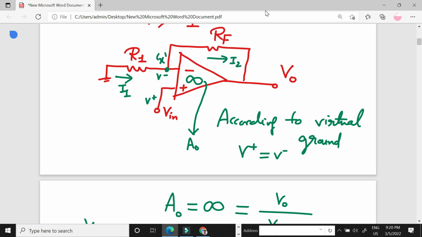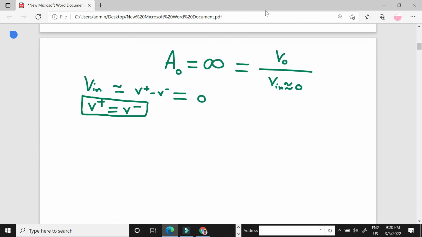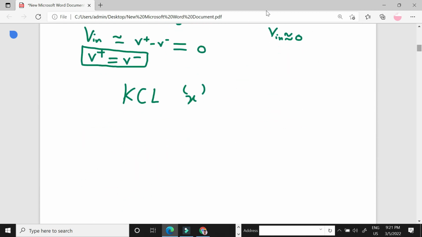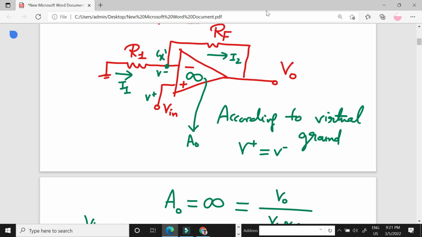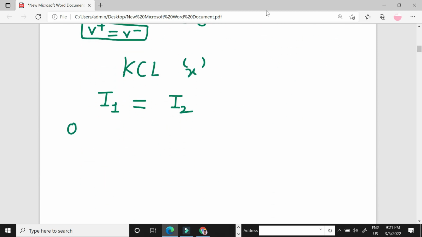Let this node be X, and apply KCL at node X. Incoming current I1 is equal to outgoing current I2. The current starts from ground and terminates at V negative, which is X. So 0 minus Vx, starting voltage minus terminating voltage, upon R1 is equal to Vx minus V naught upon Rf.